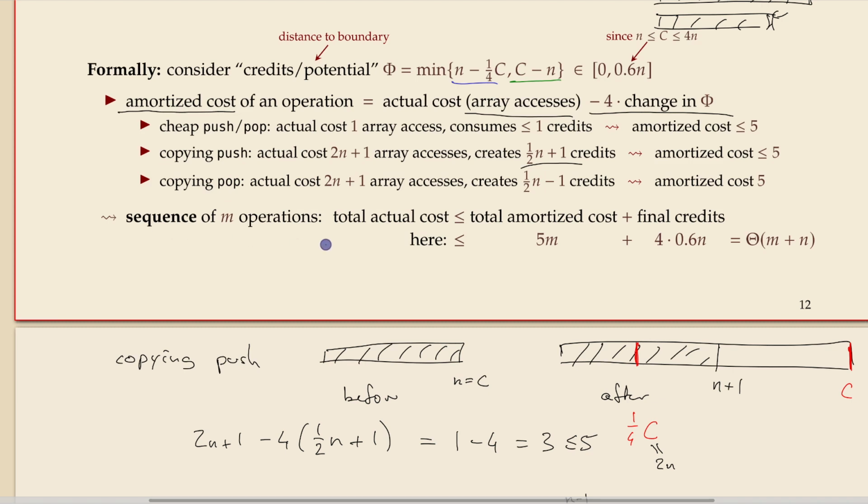If you take any sequence of m operations, no matter what they look like, the total actual cost is at most what's spelled out here. And you can say that's in theta of m plus n. So it's linear in the number of operations, but it's also linear in the final size of the array. And so, well, if you start with an empty one, the two are essentially the same, or m is bigger.